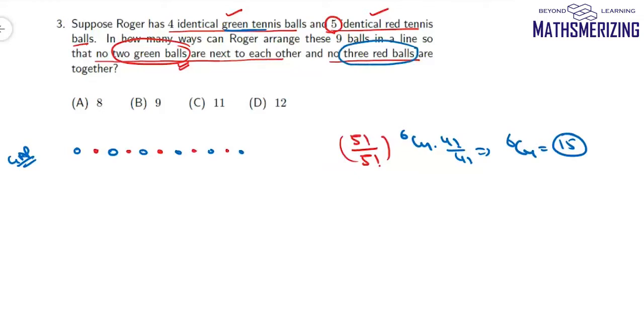So we look at the arrangement again. So this is 1, 2, 3, 4 and 5. Now we need to place green balls. If I place these green balls such that 1, 2, 3 and 4, in this case we'll have 3 red balls together, or I can place them as 1, 2, 3, 4 and another one.